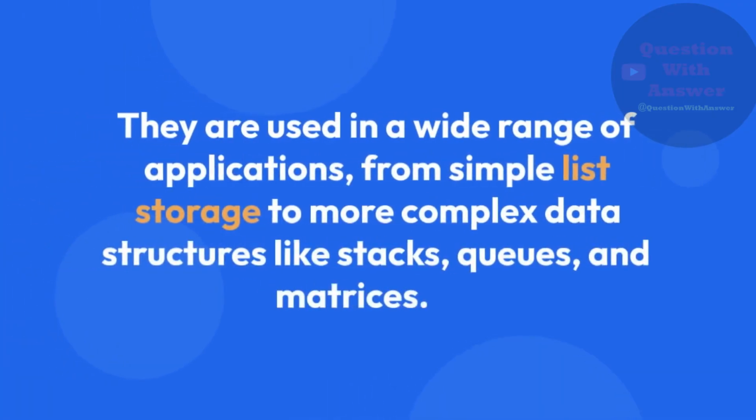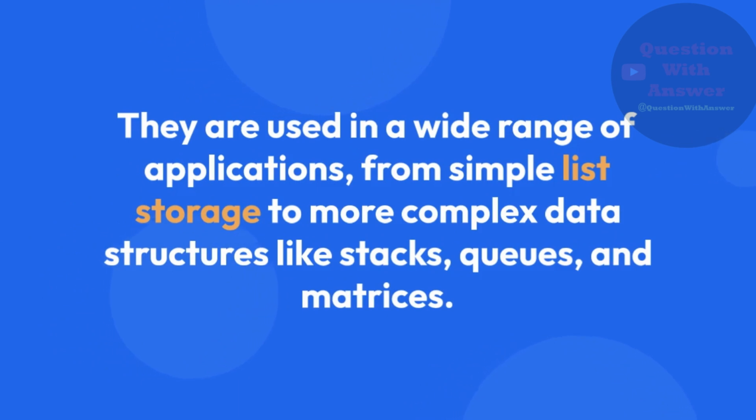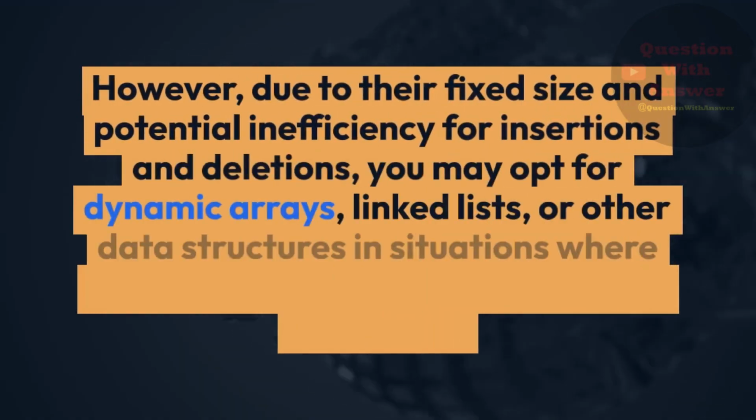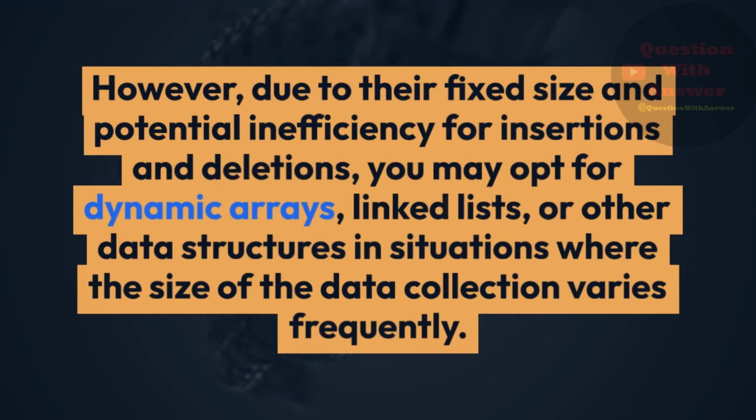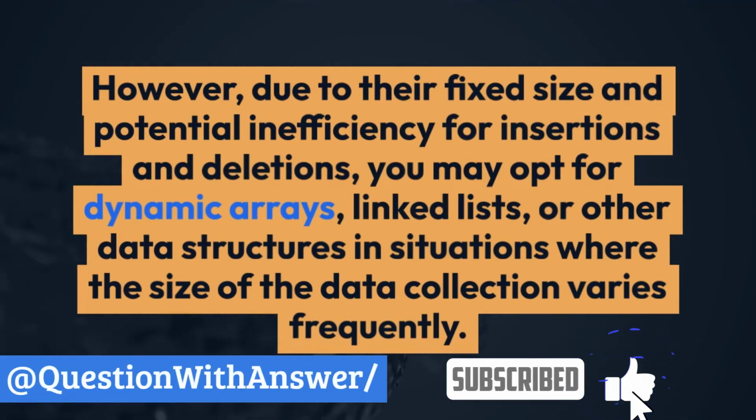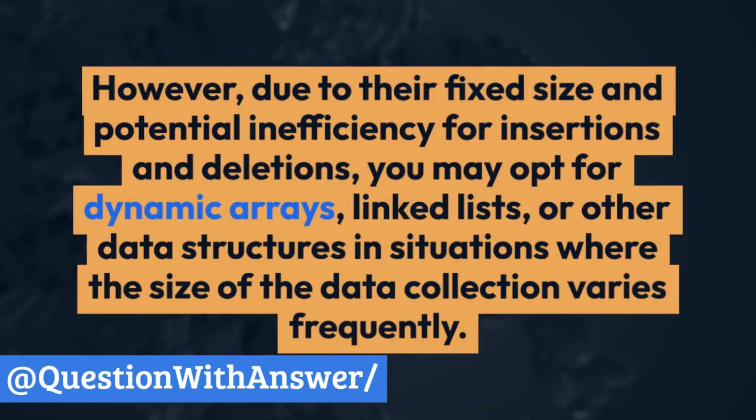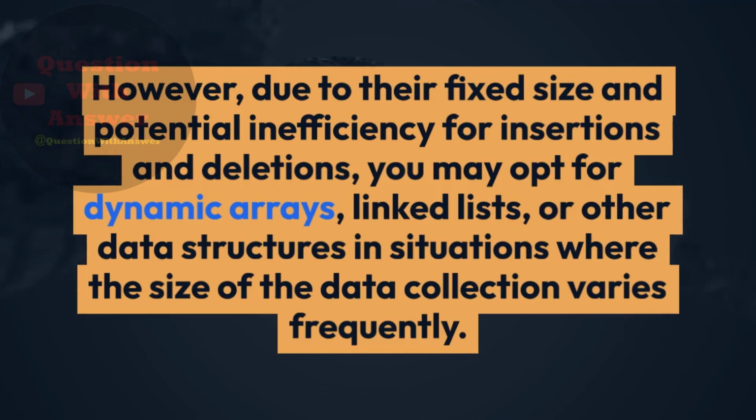They are used in a wide range of applications, from simple list storage to more complex data structures like stacks, queues, and matrices. However, due to their fixed size and potential inefficiency for insertions and deletions, you may opt for dynamic arrays, linked lists, or other data structures in situations where the size of the data collection varies frequently.